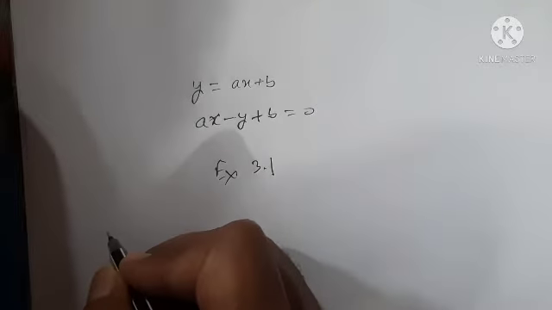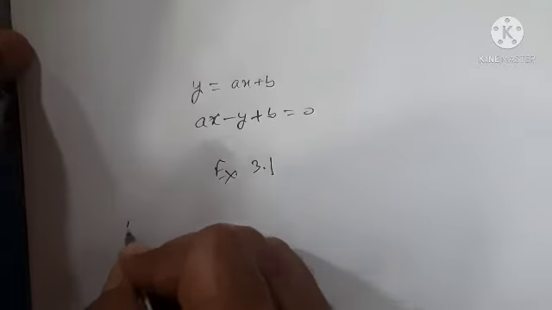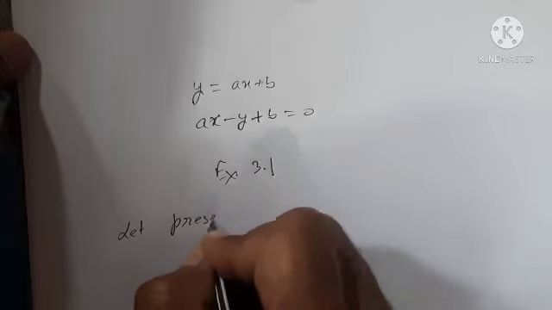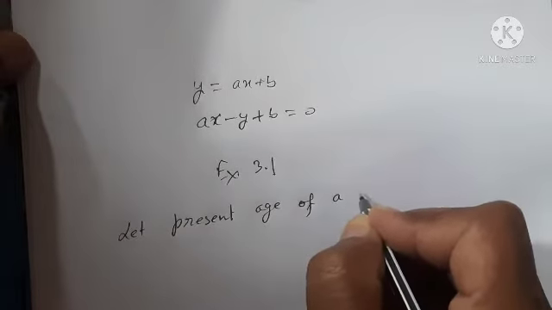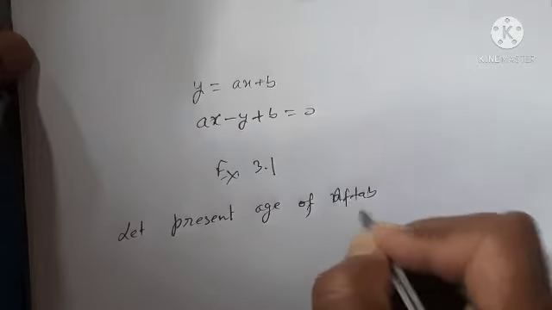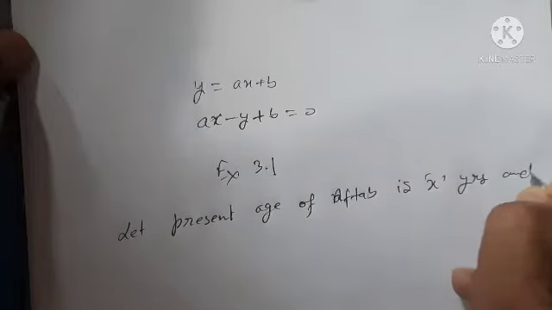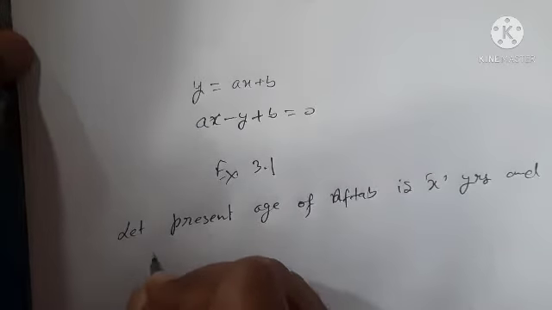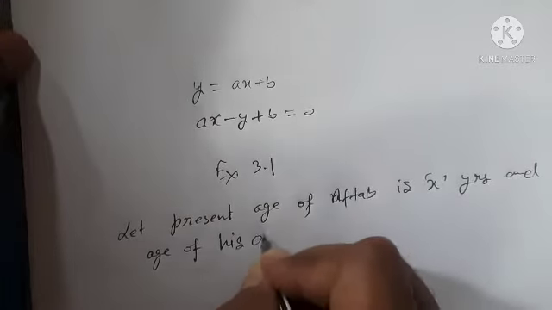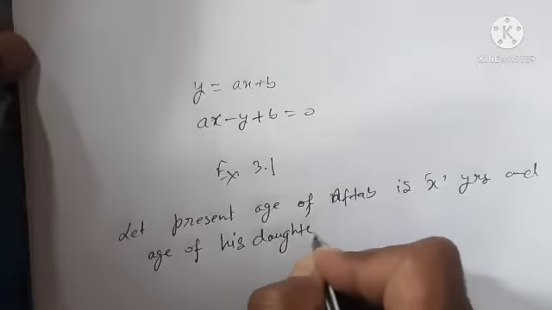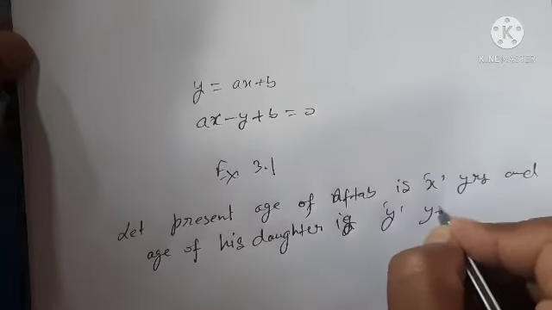We have to suppose that the present age of Aftab is x. Let the present age of Aftab be x years and the present age of his daughter be y years.